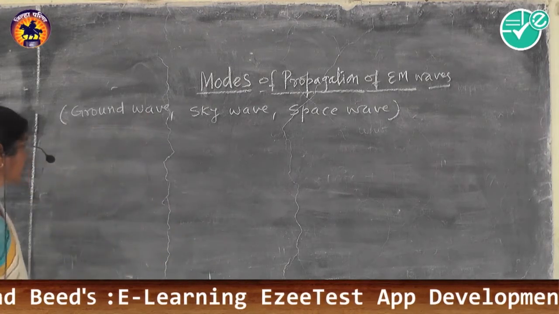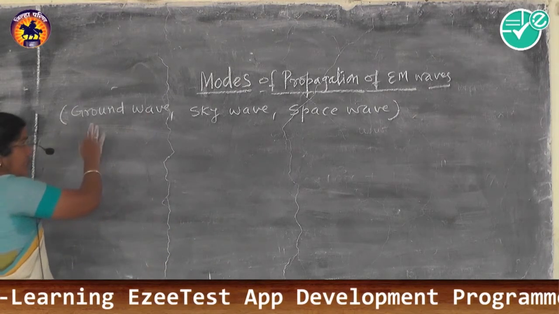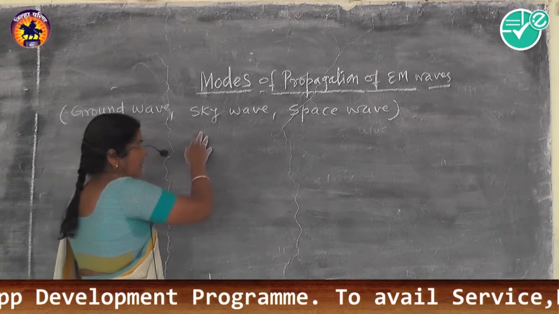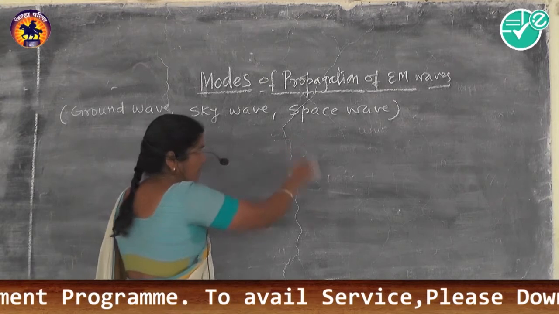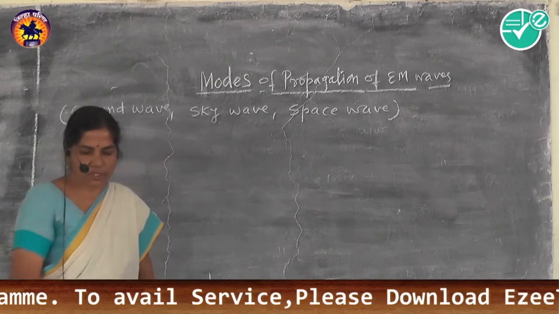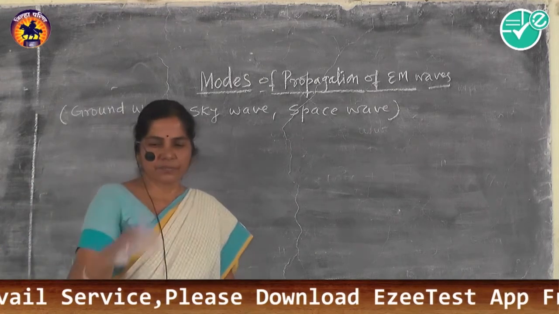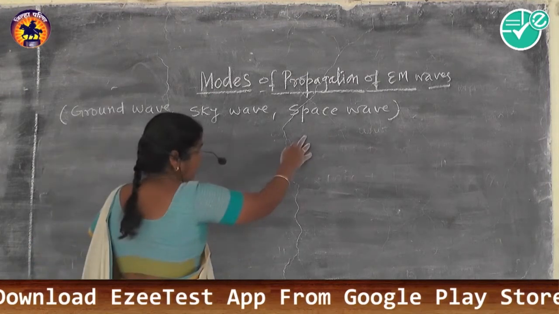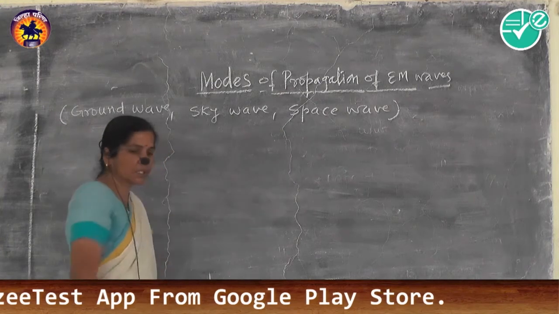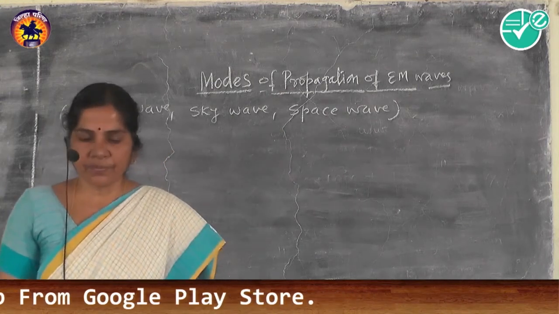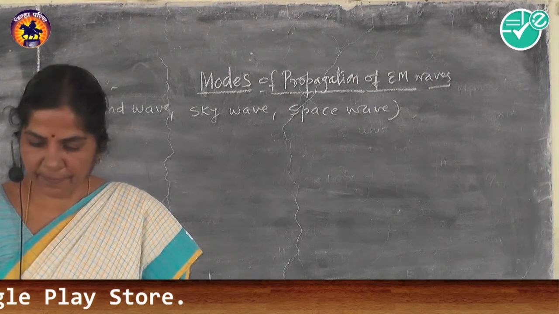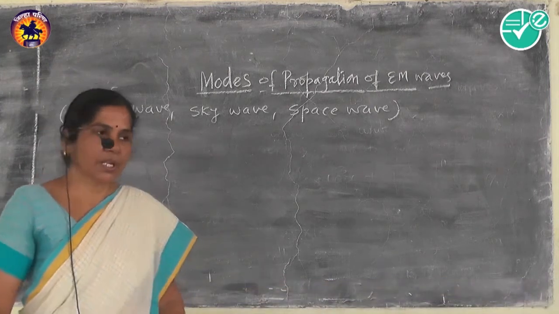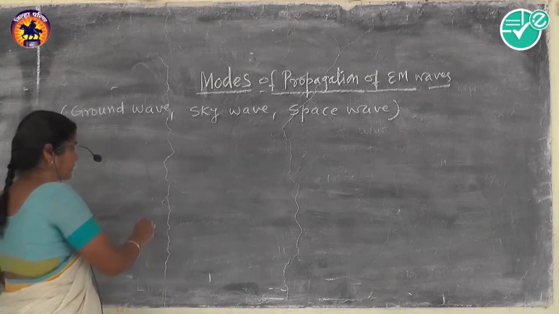So as the word ground is there, it means it is very near to ground. For sky wave, the upper part of the atmosphere is used, and for space wave, the nearest layers of atmosphere are used. So depending on the layers, the frequencies and the properties of the wave, these types are discussed. Now first of all we shall consider ground wave propagation.